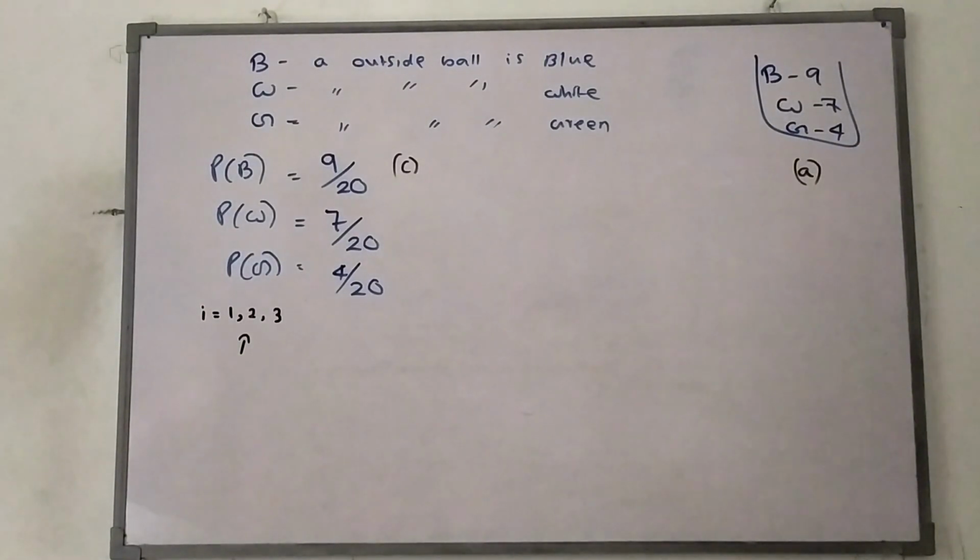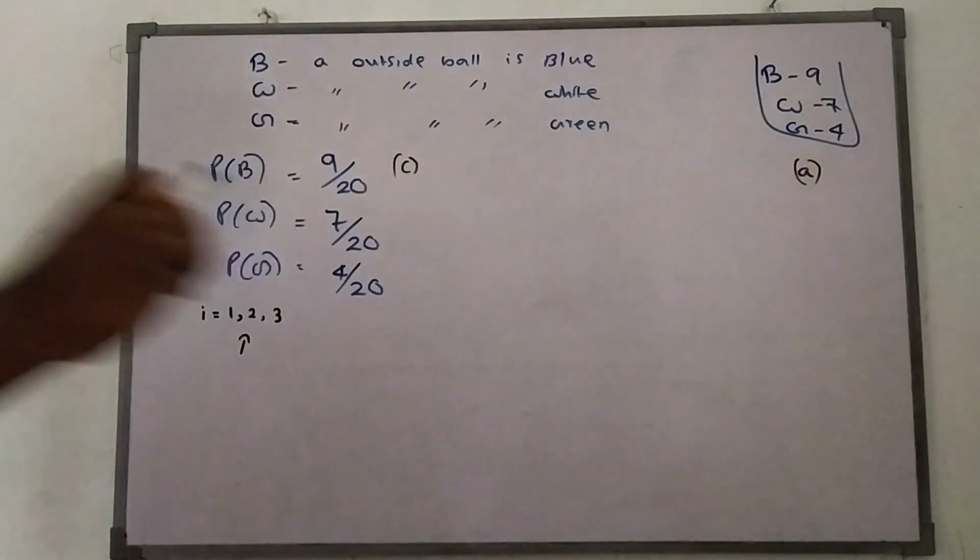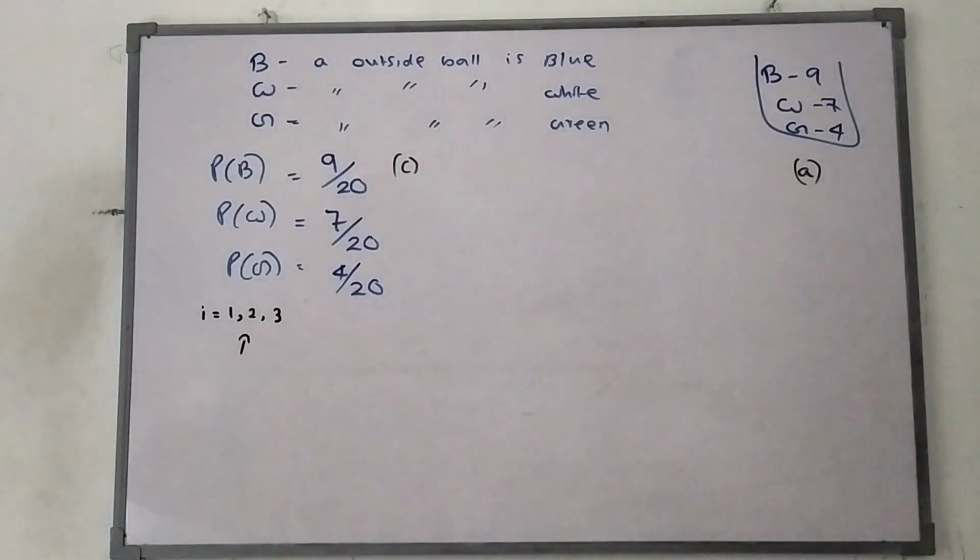Another way, all three balls are white. So these three situations should be added: the first selection is white and the others are not, two balls are white, and all three balls are white.